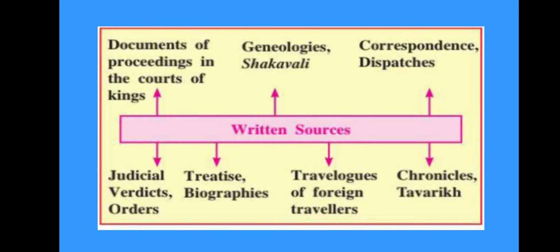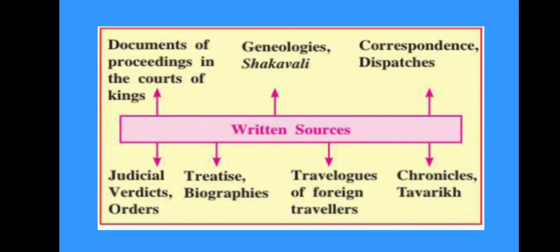The second important type of sources is written sources. Written sources of history are known as an authentic source of history. Then what is meant by written sources? The sources available in written form are known as written sources.